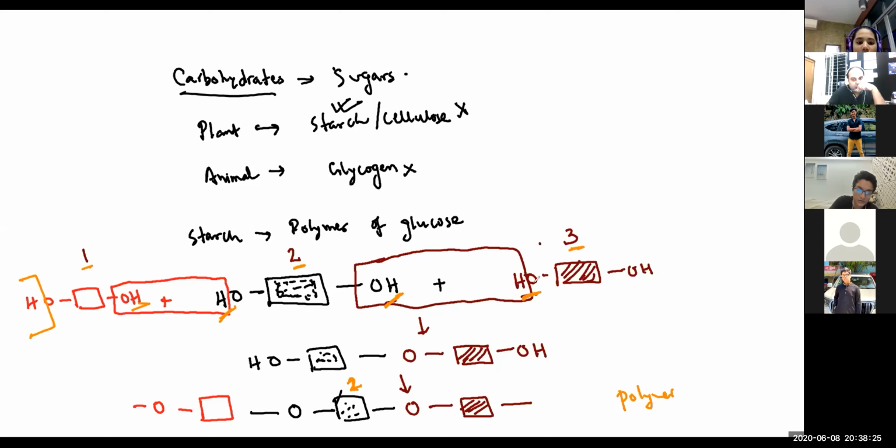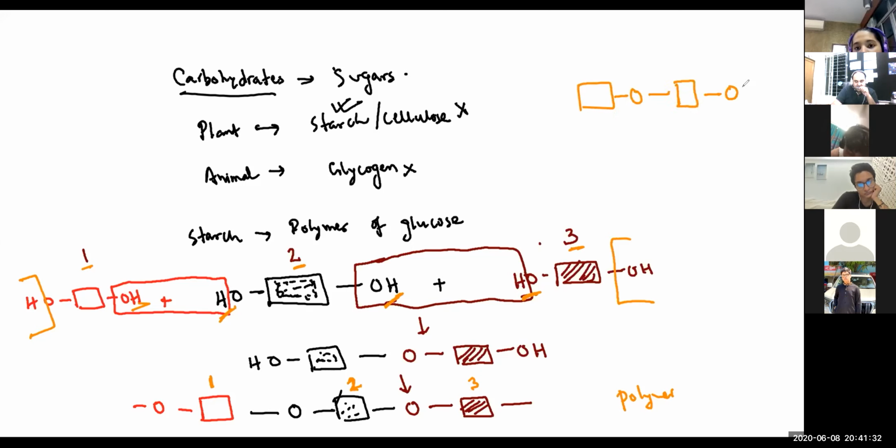H. তাহলে right hand side থেকে কি যাবে? OH. So then we get this. Did you understand how this polymerization is happening? Yes, sir. Whenever you see something like this, instantly you would know that this is a carbohydrate.